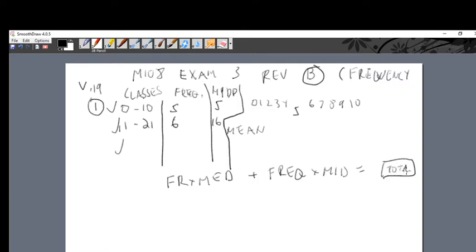And that total you divide by what? You divide by the frequencies, but that means you have to add up all these frequencies. Add up all these frequencies, whatever number that is, all of them. This plus this plus this. Whatever that number is, that's what you divide by, and that's how you get the mean with this grouped data. You'll see it pretty much on video 19, but I'm just going over it.